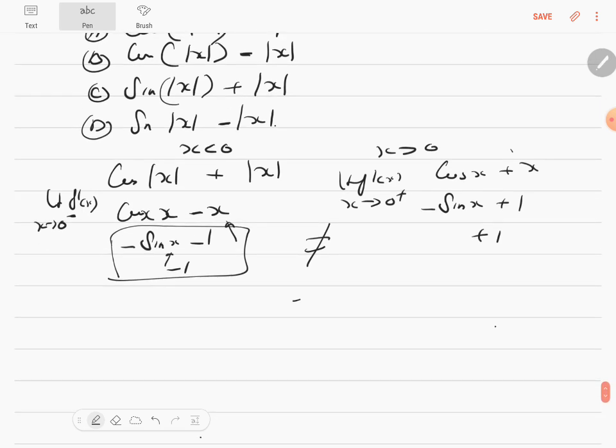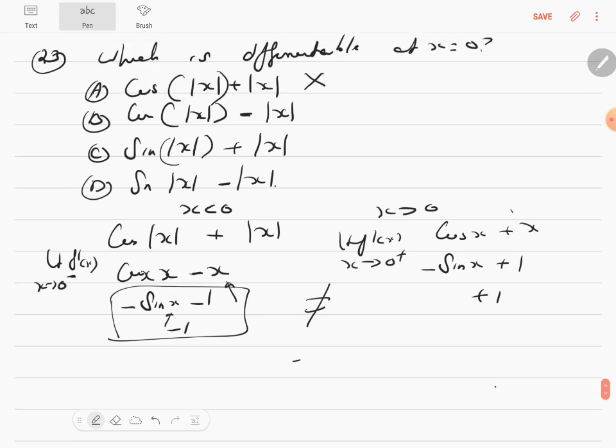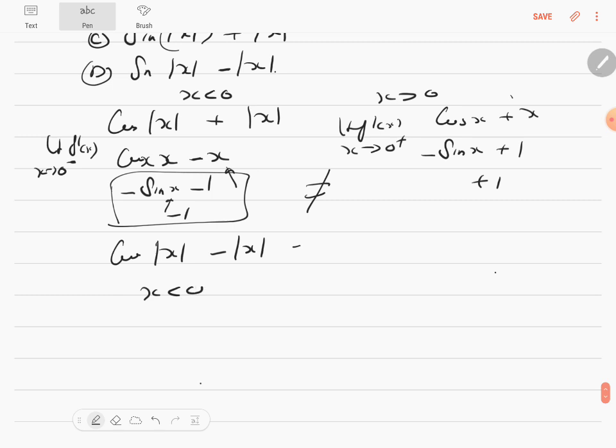So let's go to option number B, cos of mod x minus mod x. For x less than 0, it will still be cos x, but this will be minus of minus x, so it will be plus x.